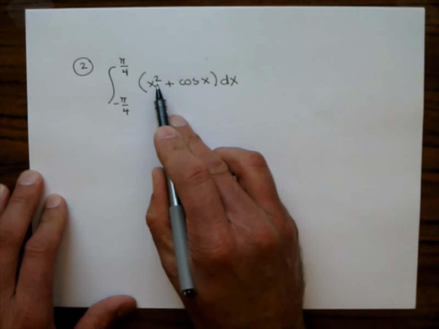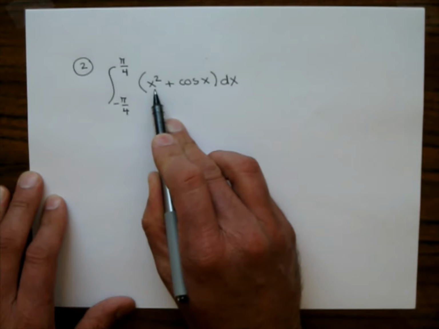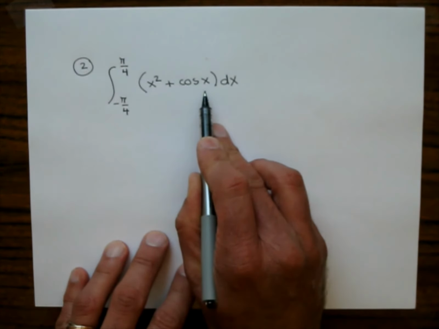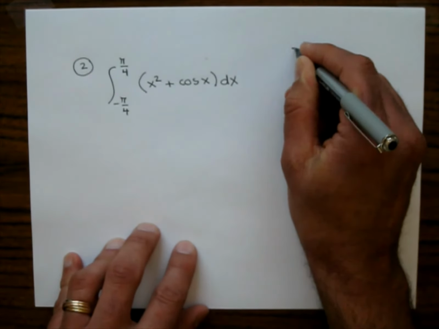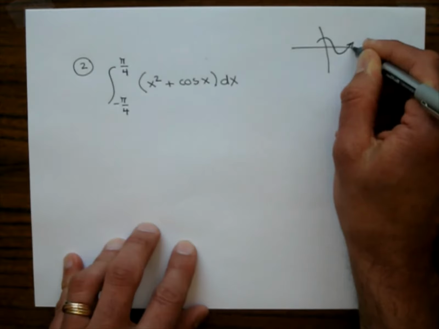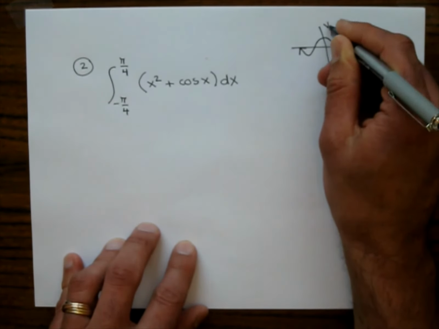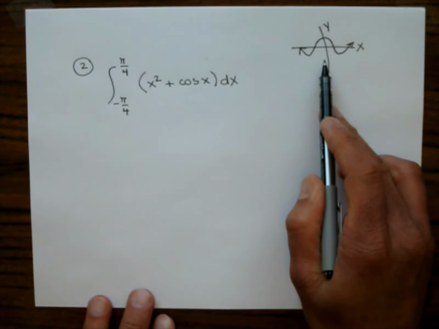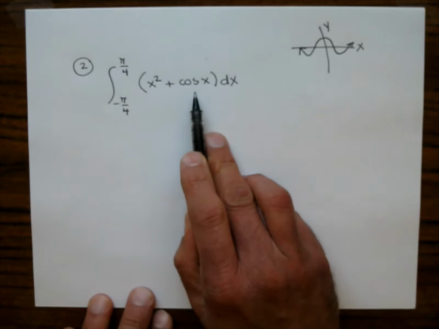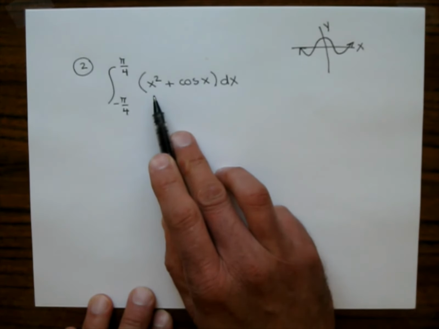We have x squared, and we know that that one is an even function. If you look at the cosine of x, it looks like this, which looks like it has y-axis symmetry. So cosine of x separately is also an even function, and there is a theorem that says if you add two even functions together, you get an even function.